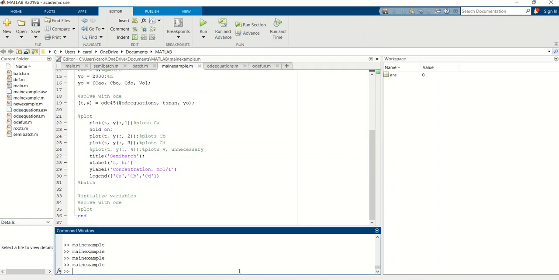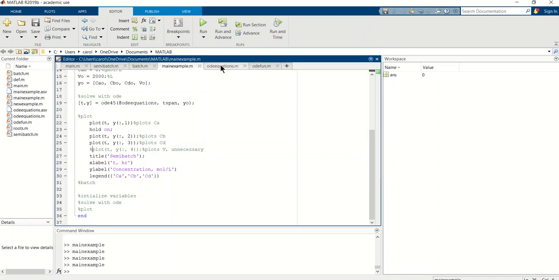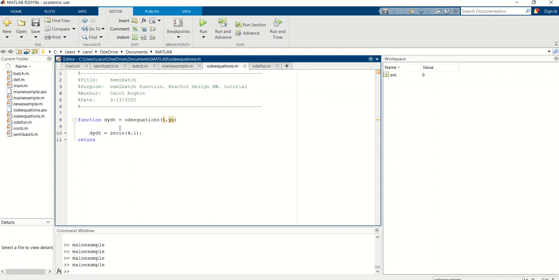All right. So now let's actually plot our ODE equations. We didn't write out any pseudocode, so we're going to go ahead and do that too. So first, we're going to need to initialize our variables, define our constants.